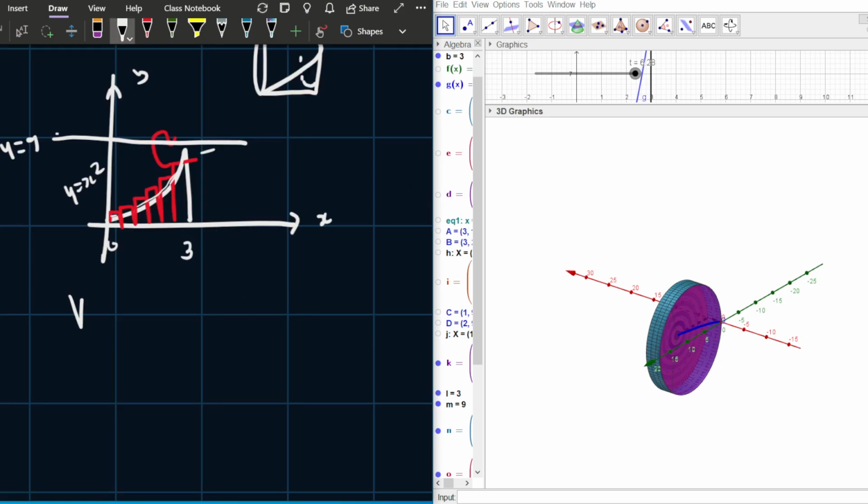Would now be the volume is equal to the definite integral from 0 to, we use vertical rectangles, so it's along the x-axis, so 0 to 3 pi times r2 squared minus r1 squared dx. So, we now have to find r2 and r1.